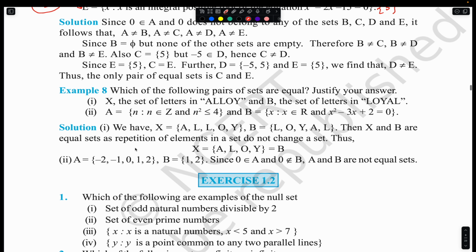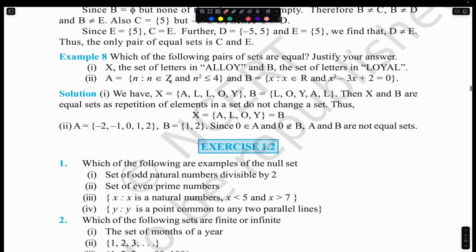Let's see another example. Which of the following pairs of sets are equal? Justify your answer. Let's say the first set X is the set of letters in "alloy" and B is the set of letters in "loyal". So let's try to write X and B in roster form.